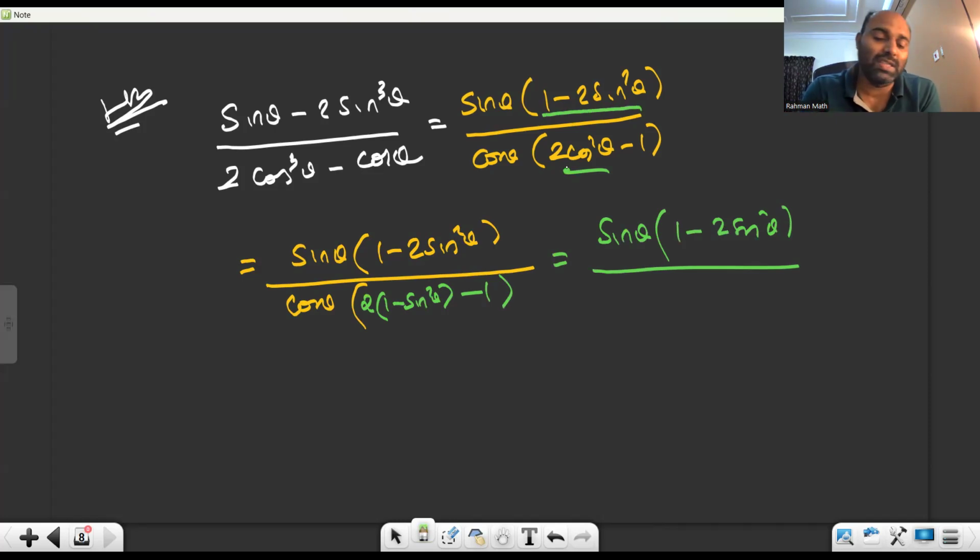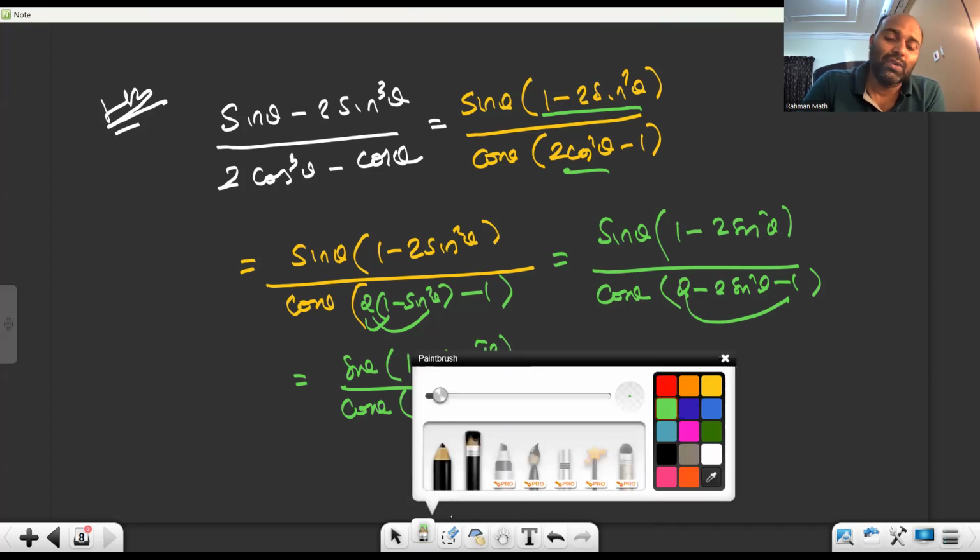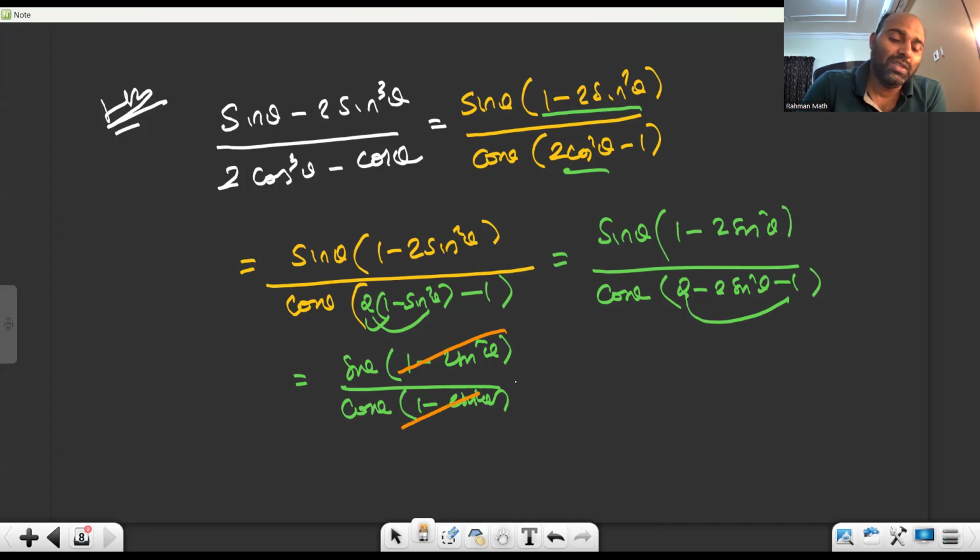Cos theta into, open the bracket, 2 minus 2 sin square theta minus 1. 2 minus 1 is what? 1. 1 minus 2 sin square theta. You can cancel 1 minus 2 sin square theta, same only. So sin by cos is what? Tan theta. That is what your RHS.